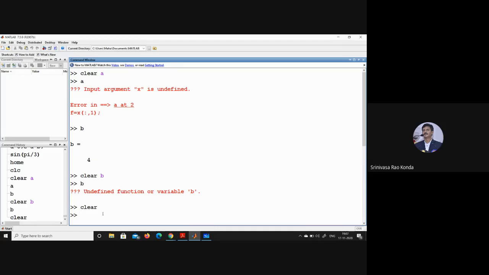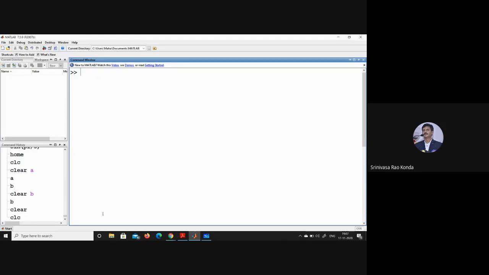Now I'm taking CLC. Did you observe one point here? Whenever I'm entering some value, suppose sin pi by 3, MATLAB displays the answer up to 4 decimal places.